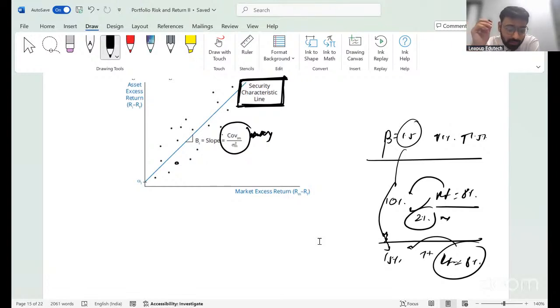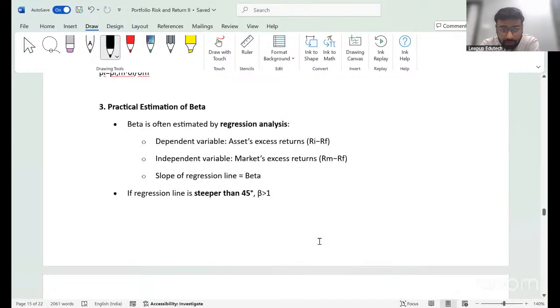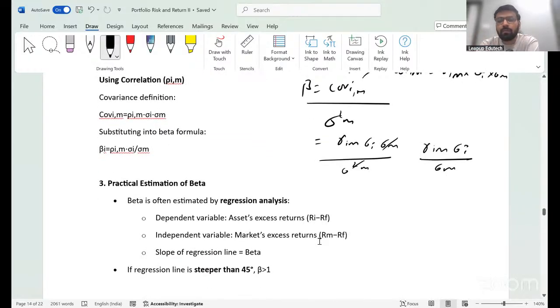Such a line is called the security characteristic line. And the slope of that line is measured by beta, which is covariance of the security with the market divided by variance of the market. The dependent variable is the asset's excess return and the independent variable is the market's excess return. The slope of this regression line, the best fit line, is called beta.